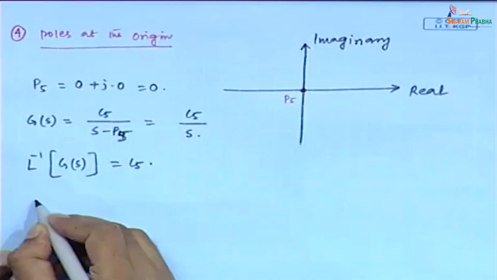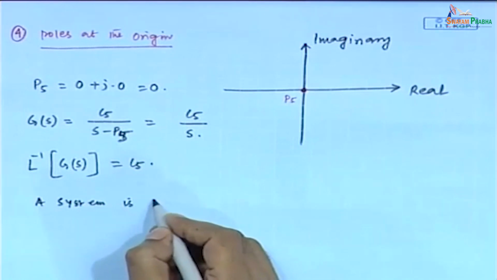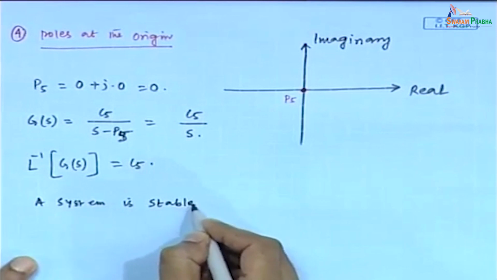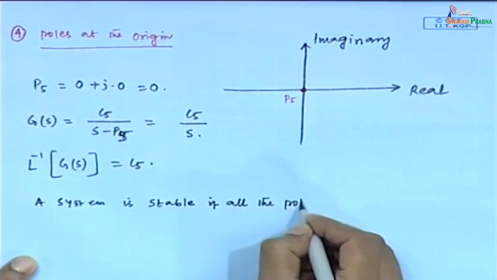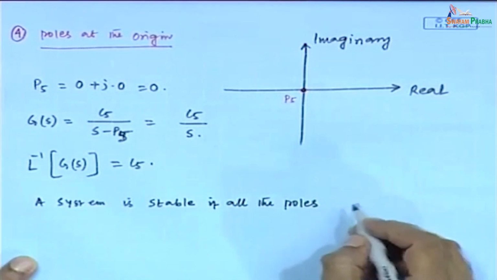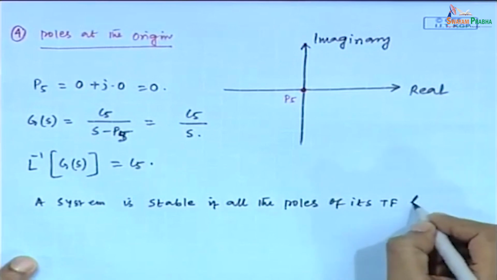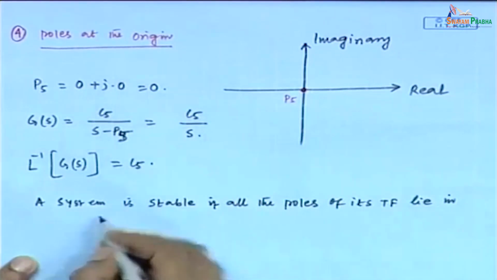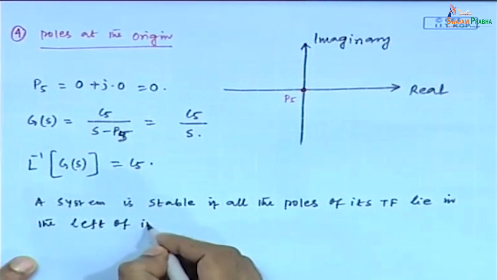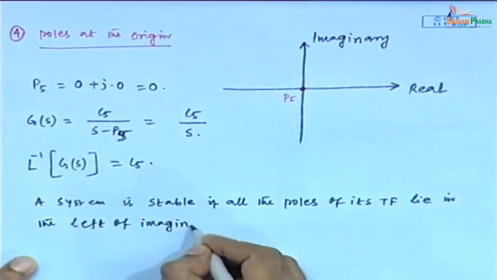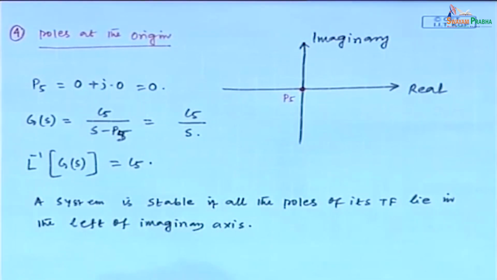A system is stable if all the poles of its transfer function lie in the left of imaginary axis, fine.